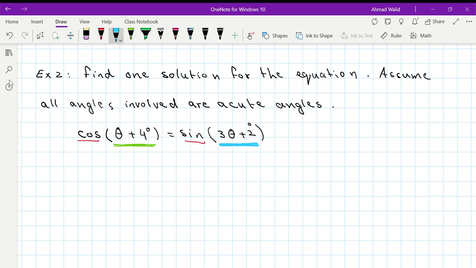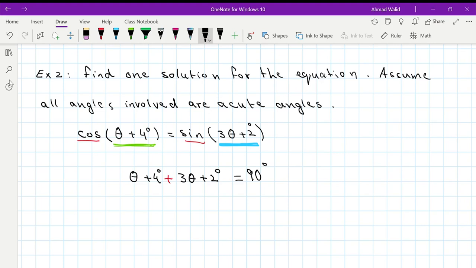Based on the complementary relation, can I write theta plus 4 degrees, if I add this angle with another angle, which is 3 theta plus 2, it should give me how much? 90, because they're complementary. Here you go. Very simple equation. Solve it for theta.